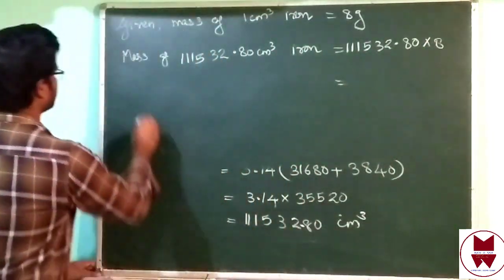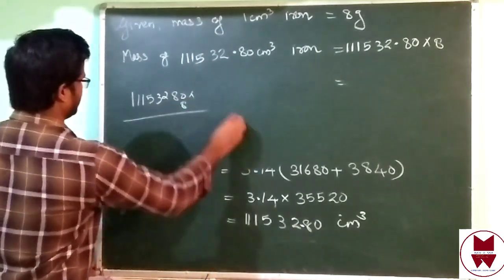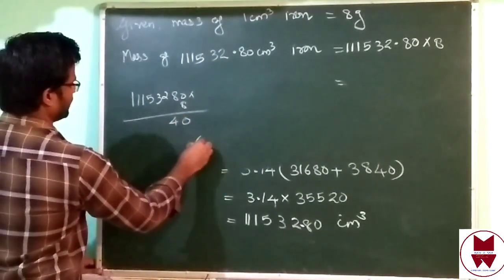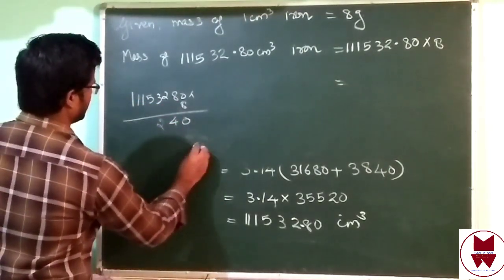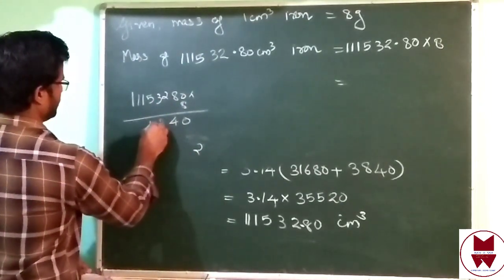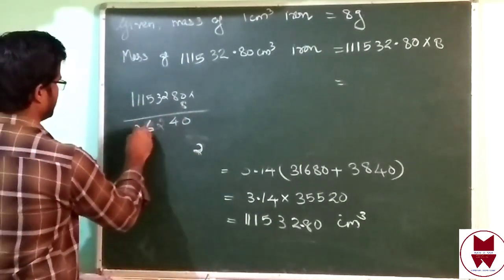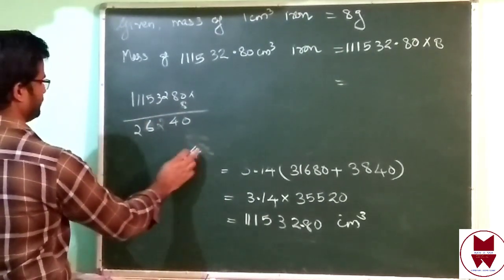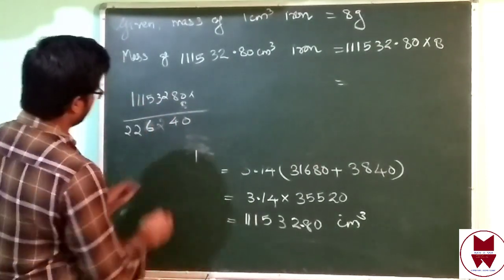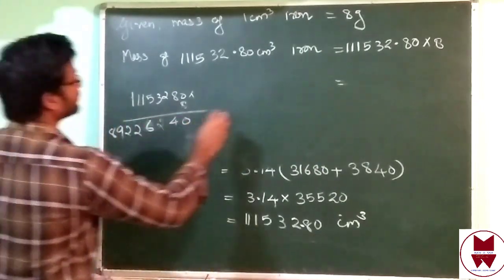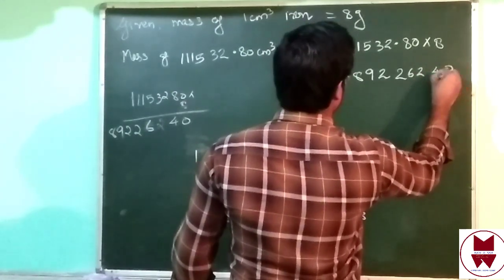Then multiply 111532.80 into 8. 8 into 8, 64, 8 into 2, 16, plus 2, 22, and so on. We get 892262.40, after the point 2 numbers.